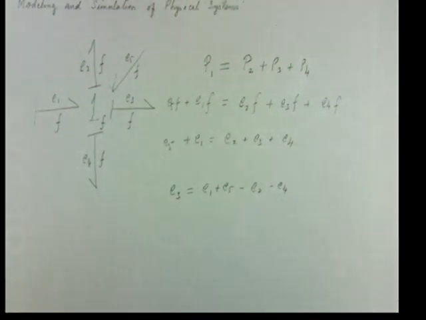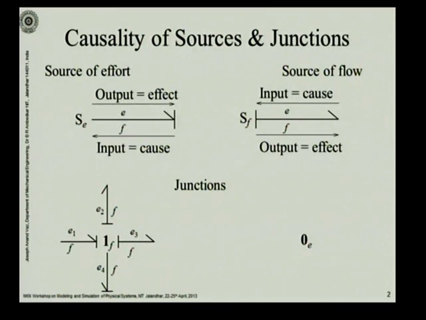Okay? In the same way, we have the zero junction, and in this zero junction you can see there is a suffix E, and here we have all the bonds that are connected to the zero junction have the common effort.